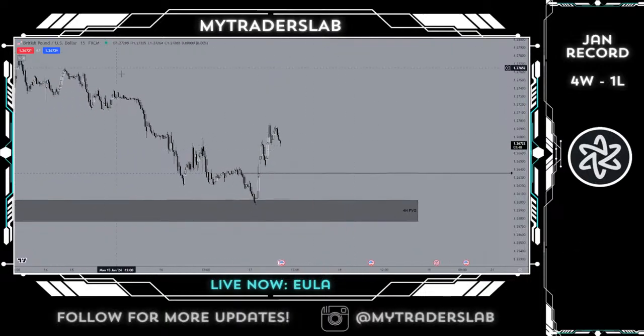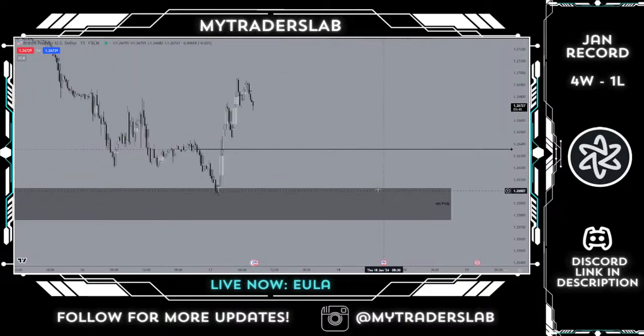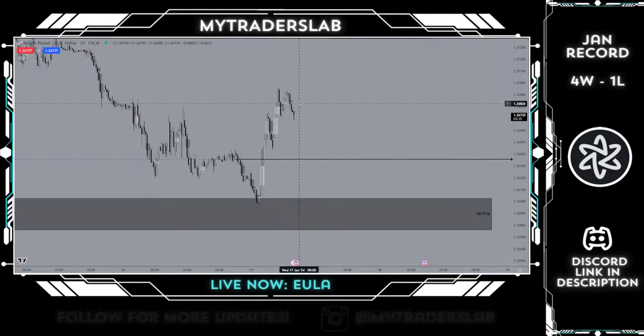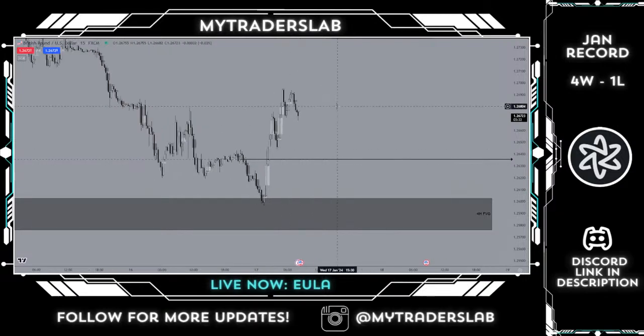Alright, okay. What is going on GU? We saw it enter a 4-hour fair value gap around London session, and we saw a very big impulse move. Hence, that tells me that we are trying to look for buys, and currently price is just retracing.